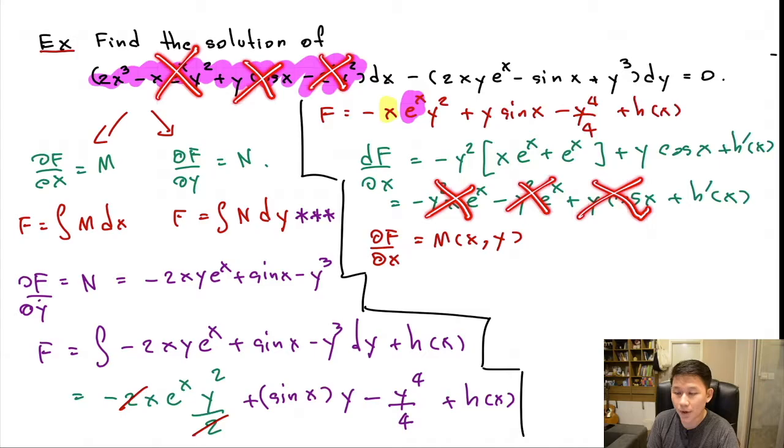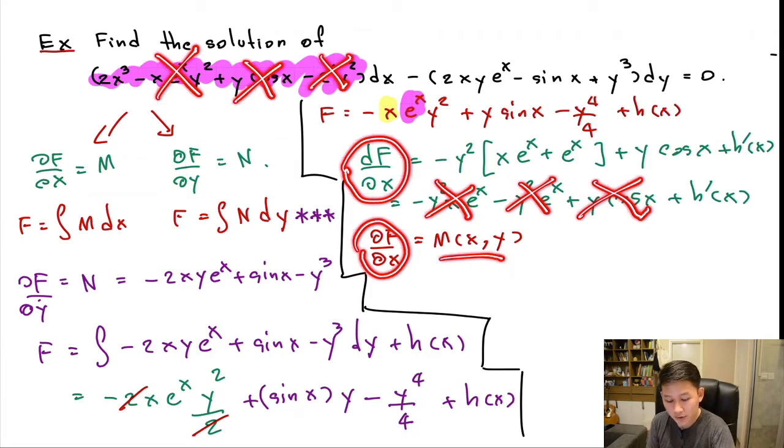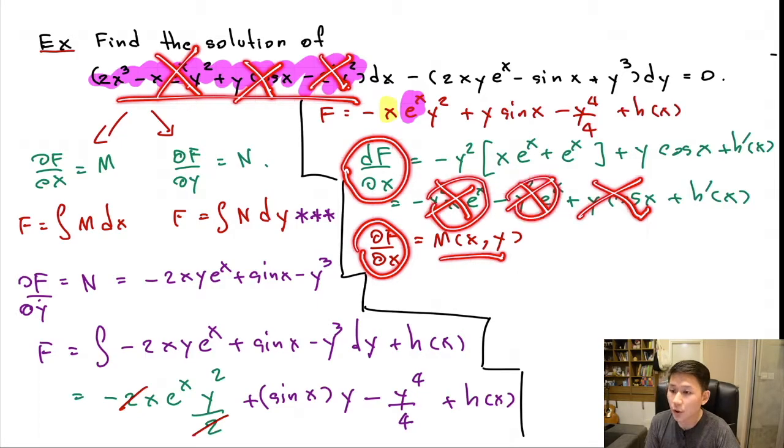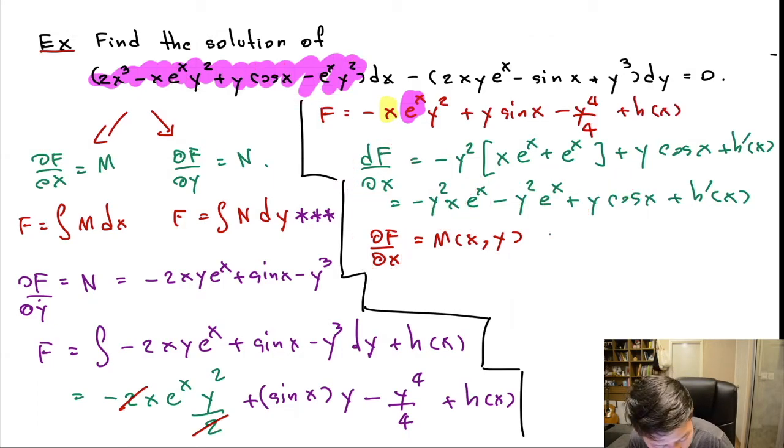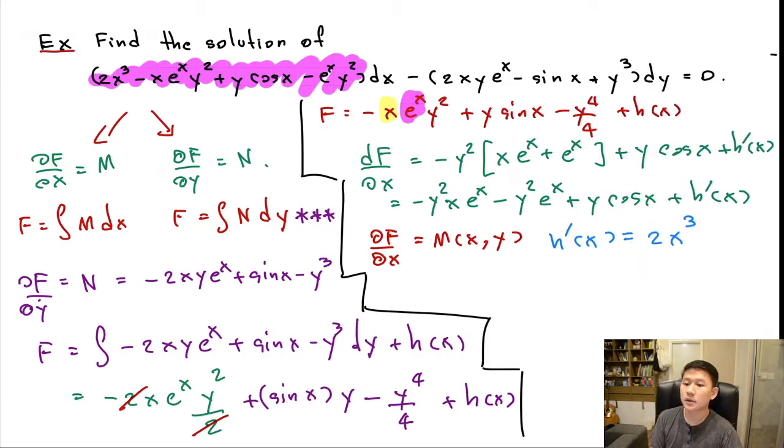So if you compare this df by dx with this df by dx, which is m, which is this guy, we have that these three terms cancel out. So we have that h prime x is actually 2x cubed, right?